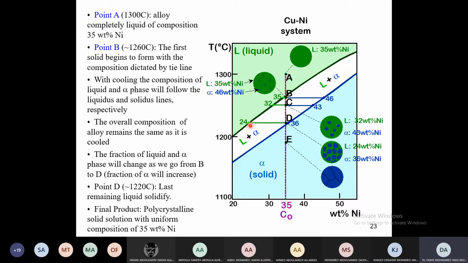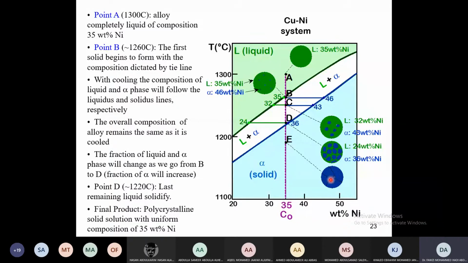So that's the last spot, the last liquid in the material has 24% by weight nickel, and the solid has 36% by weight nickel. And once you go below the solidus line, now everything turns into the solid. So as you can see, it becomes bigger and bigger, and as we know, they are going to impinge against each other with the mismatch of the orientations of the atoms there.